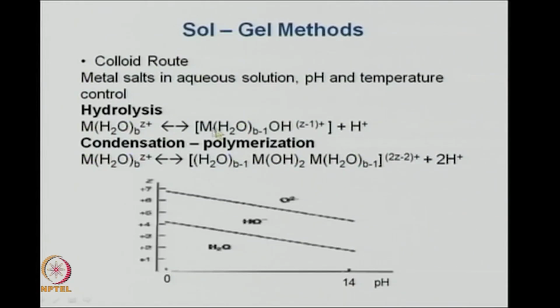So, when you just hydrolyze, you have this reaction, one proton is liberated. When you condense or polymerize, you will have two water molecules lost, one from there, one from here, and two protons are liberated. These processes are taking place all the time, and if you see this Z, the charge, as a function of pH, you can see how these vary as a function of pH.